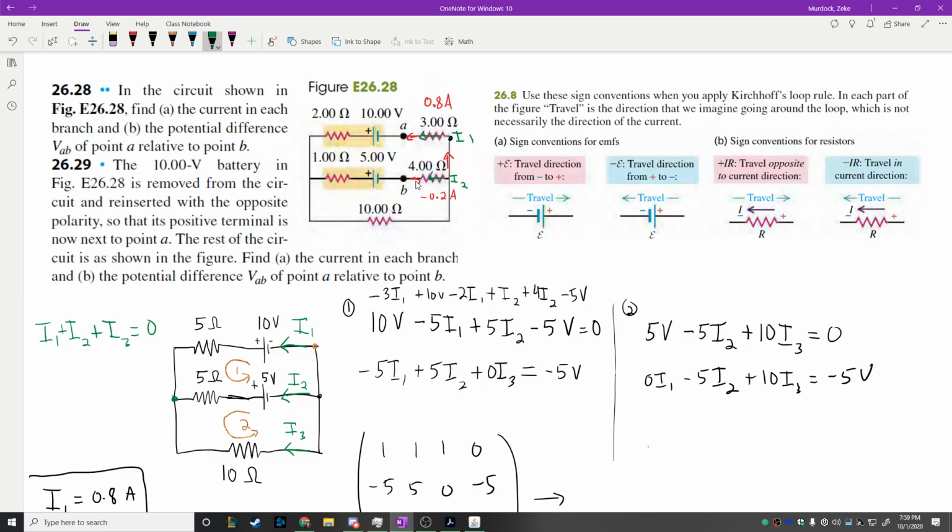There we go. So going against the grain for I2 here means we add. So we're going to have positive 0.2 amps multiplied by the resistor, which is 4 ohms.